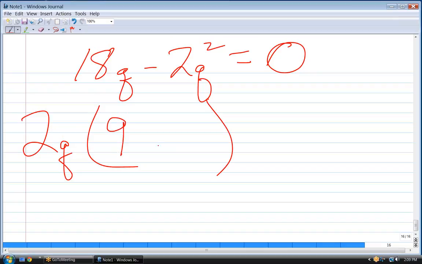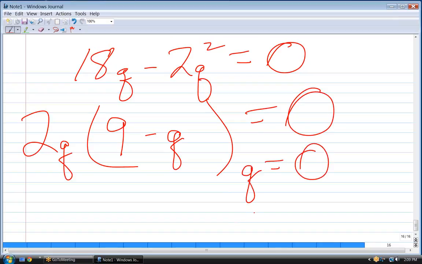It's 9. And then minus q. So my solutions again? q equals 0. And then you would subtract the 9, and then it would go to the other side.